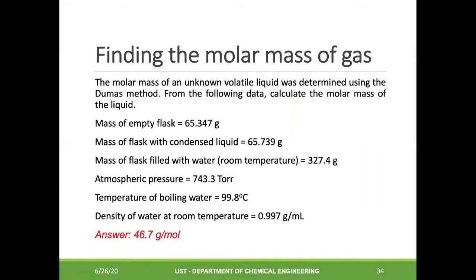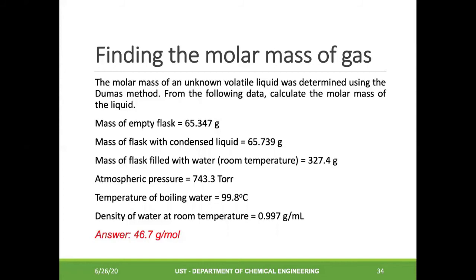Now, this equation could also be used to solve for the molar mass of the gas. In this problem, the molar mass of an unknown volatile liquid was determined using the Dumas method. This is one of the classical methods for the determination of the molar mass of a volatile liquid.